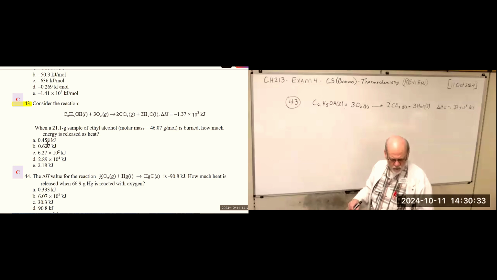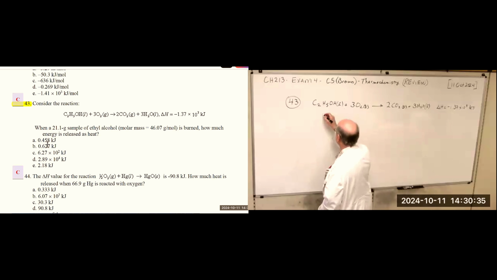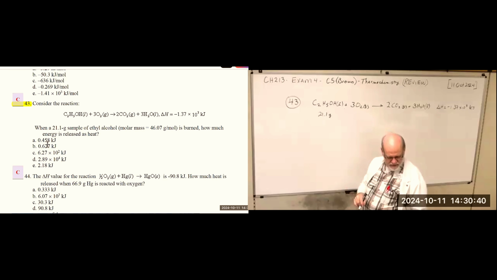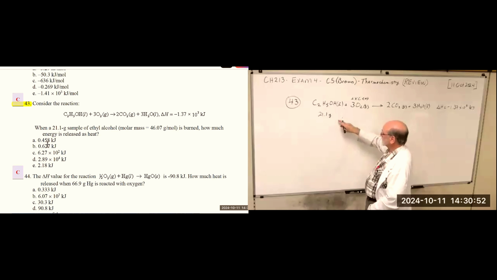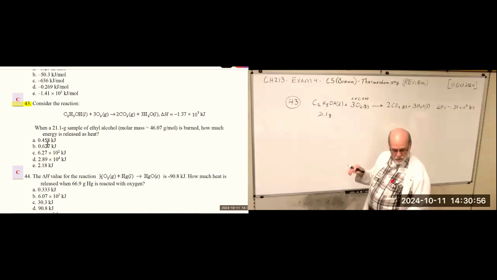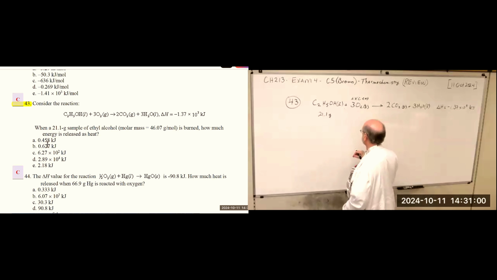Okay, when 21.1 grams of ethyl alcohol is burned in excess oxygen, it doesn't say. We have to assume it's burned in excess oxygen. Otherwise, we can't solve the problem, right? This is the limiting factor. It's going to be all used up. We want to know how much energy is released.